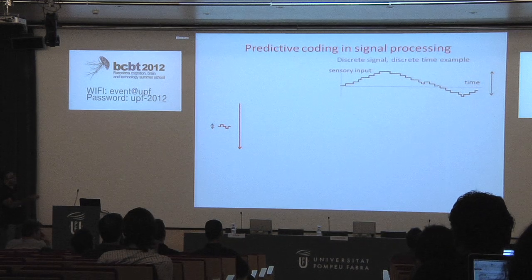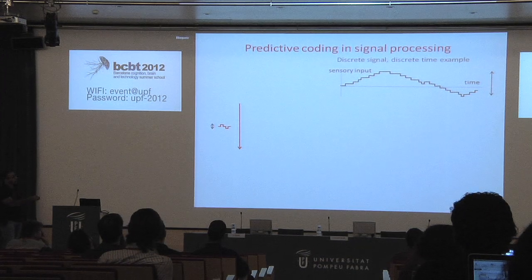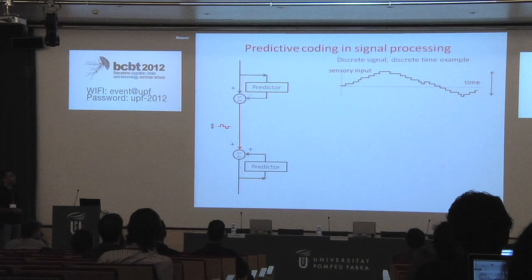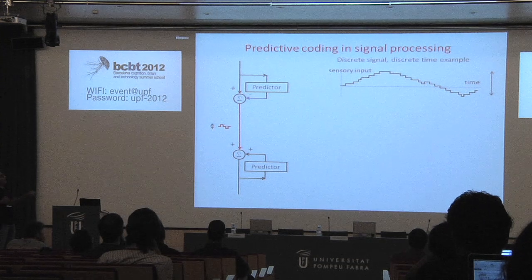And suppose we want to communicate this signal with a large dynamic range through a communication channel that has only 3 values, -1, 0, and 1. If the signal is changing slowly, like the one here, you can actually do that by building a circuit of this sort. You split the incoming signal and send this path to a predictor, which is trying to guess the next value of the signal.